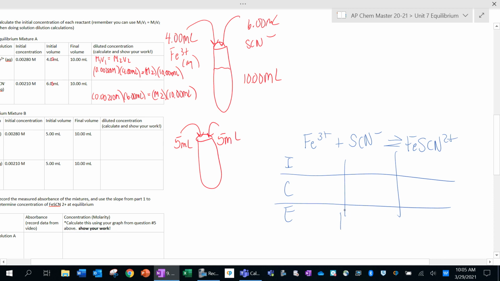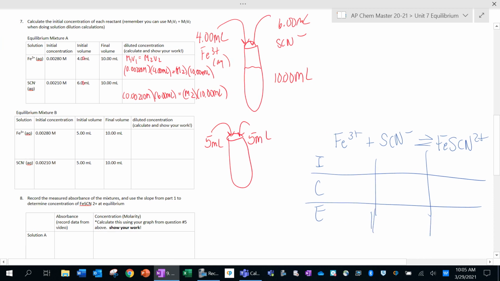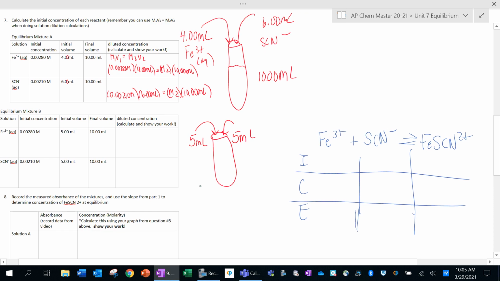What we have just done in problem 7 is, if we take our answer from here, that tells us the initial concentration of iron, and this right here tells us the initial concentration of thiocyanate. These are their initial concentrations in the test tube before any reaction occurs. Our initial concentration of the iron thiocyanate is 0 because we did not add any iron thiocyanate. We only added these 2 things. So these 2 have initial concentrations, and this one's initial concentration is 0.